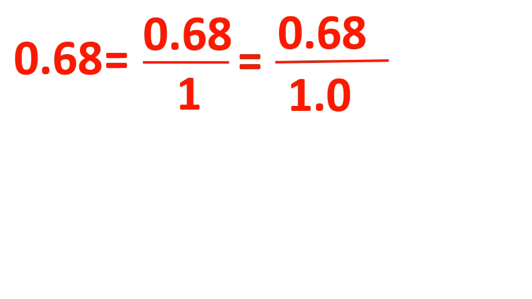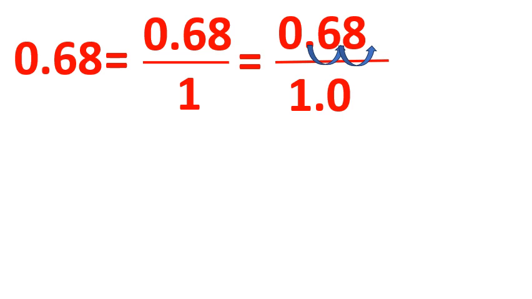Now what we're going to do is move that decimal. We don't want 0.68 to be a decimal anymore. We need to make it actually become a bigger number. We're going to make the numerator bigger and the denominator bigger until we do not have any decimals anymore. So I'm going to move that decimal to the right, one spot and another spot. And if I move that decimal to the right by 2 spots in the numerator, I need to do the same thing in the denominator.